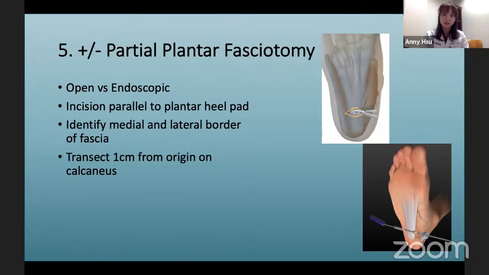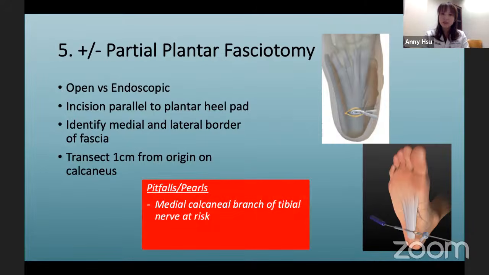Essentially, you need to have an incision that's parallel to the plantar heel, and you can identify the medial border and transect about 1 centimeter from the origin of the calcaneus. However, the medial calcaneal branch of the tibial nerve is really directly in your pathway. It's very hard to avoid them, and it's also easy to affect the intrinsic muscle in the plantar compartment of the foot with this incision.